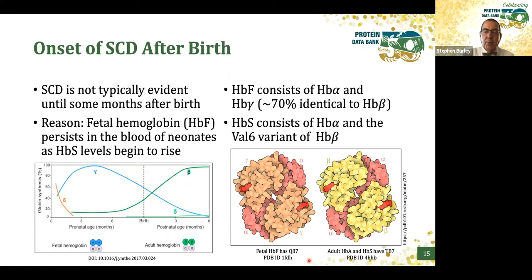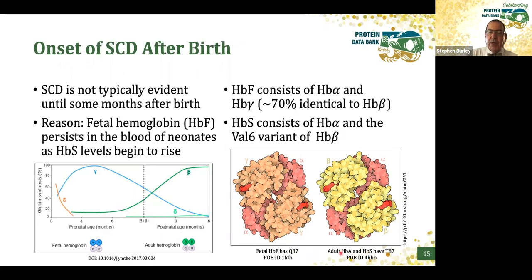Now, I need to tell you one more thing about hemoglobin F. At position number 87, on the gamma chain, it has a glutamine, whereas on the hemoglobin alpha chain and the hemoglobin beta chain, both normal and abnormal, there's a threonine.